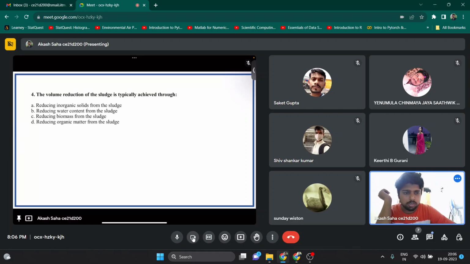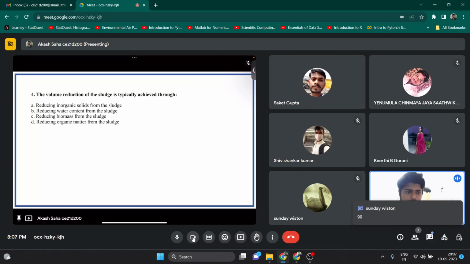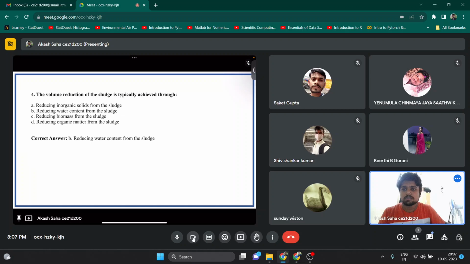One is water and one is the organic matter. How much water is present? Water content is a major part of sludge, around 95 to 99%. So if you reduce the water content from the sludge, then the volume reduction will be much higher than with the other solids. So B is the correct answer.